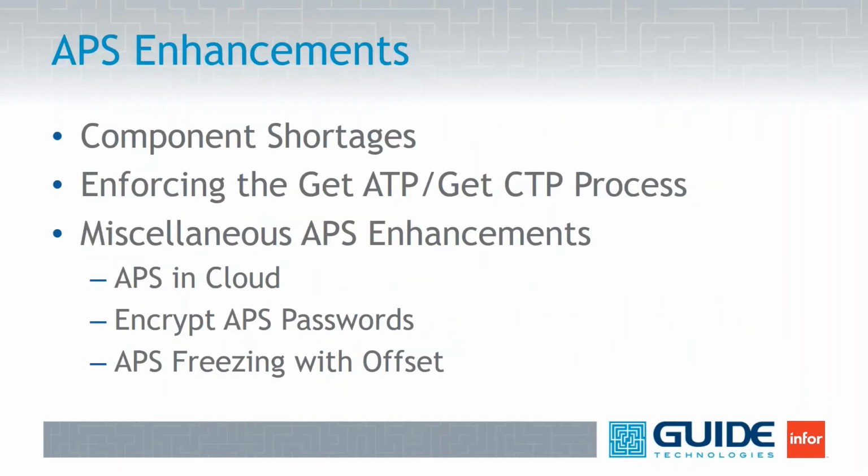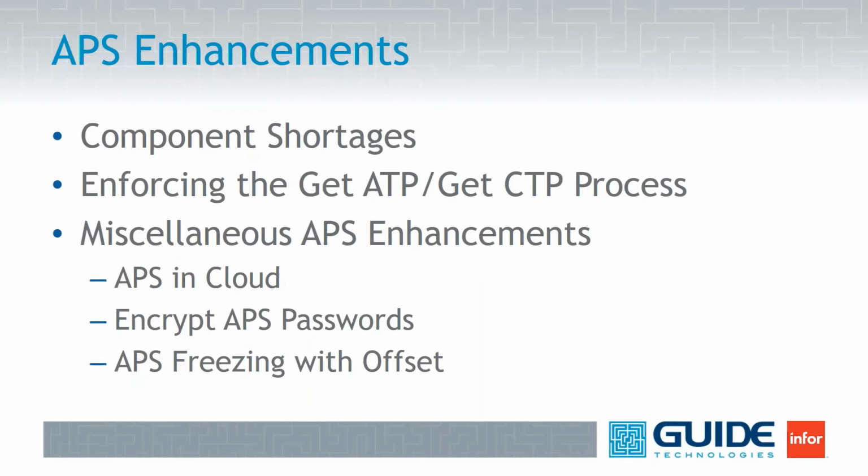All right, some enhancements that have been added to APS. Component shortages have historically been a little bit of an issue, especially in a make to order environment. Enforcing the get ATP and get CTP processes, depending whether I'm using APS Infinite or APS Full, has been an issue.